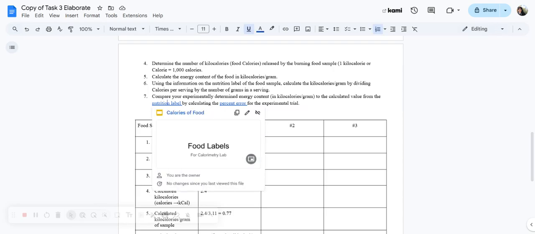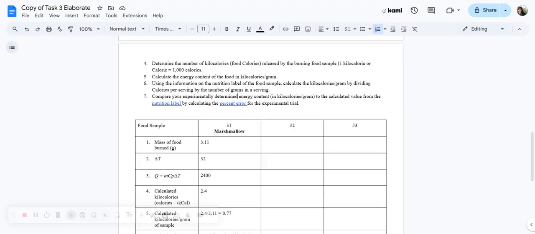It'll take you to a Google slide deck that has a picture of what your food is and how many calories there are, dividing the calories per serving by the number of grams in a serving, and then compare your determined energy content to the calculated value from the nutrition label by calculating the percent error.